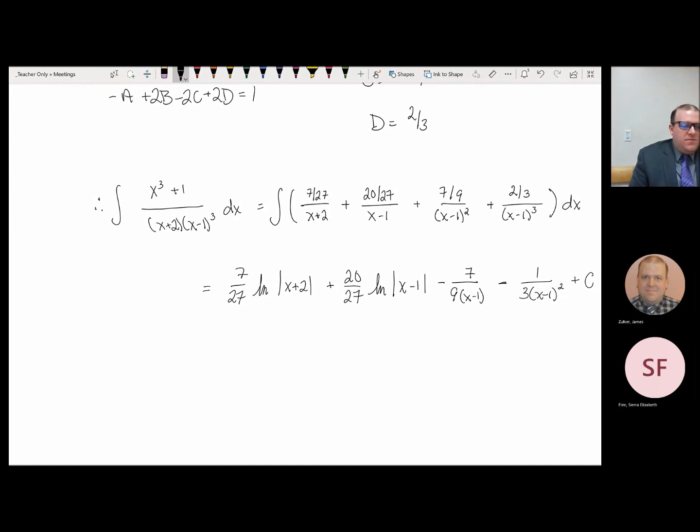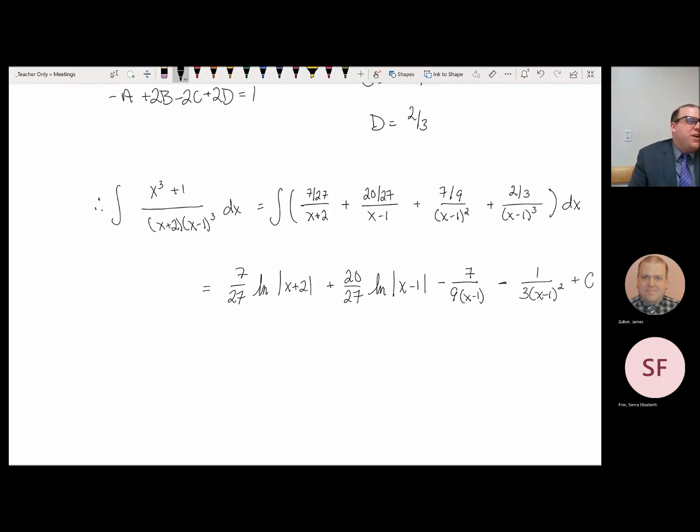Do you mind if we write, instead of putting x minus 1 in the denominator, we just put it in the numerator to a negative power? Like that's so simplified. As a general rule of thumb with method of partial fractions, you don't want negative exponents.